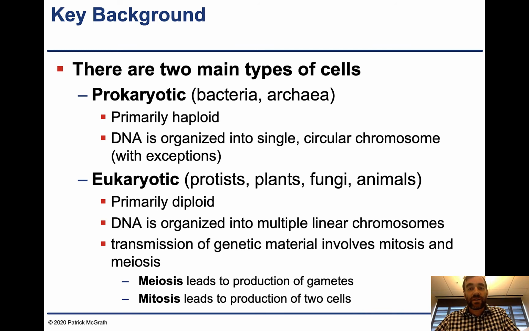There are also two main types of cells. Prokaryotic cells are bacteria and archaea cells, and these are primarily haploid, which means there's typically only a single copy of each genome within the cell, and DNA is organized into a single circular chromosome.